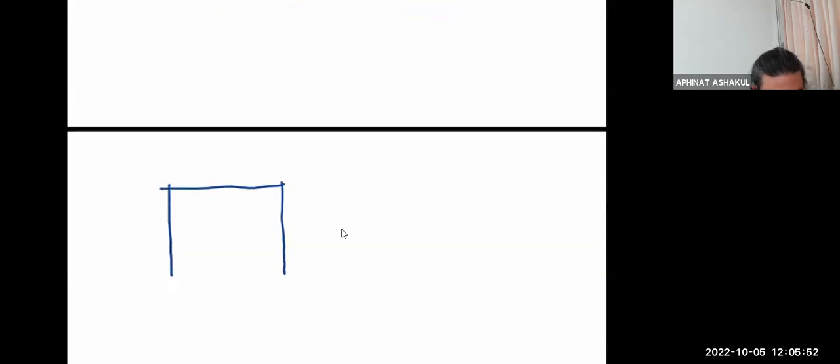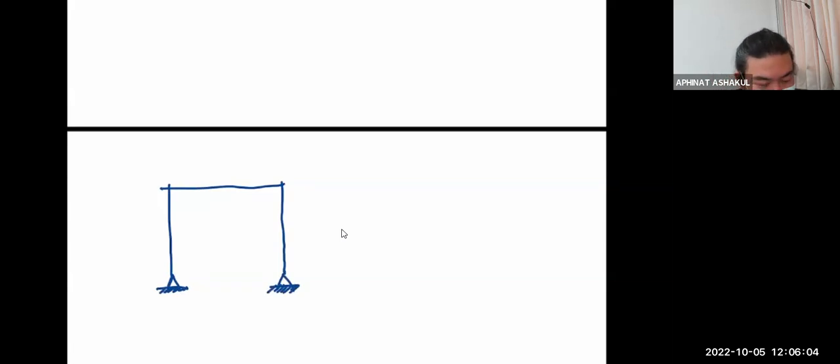But in this case, maybe the more useful ones would be the virtual. So let's say if again we have a frame. You know, the typical one is just to turn things into hinges on both sides.